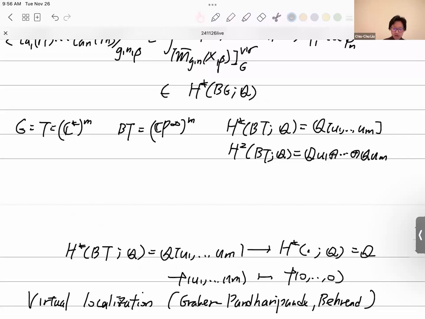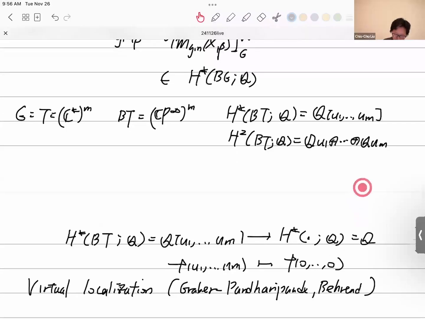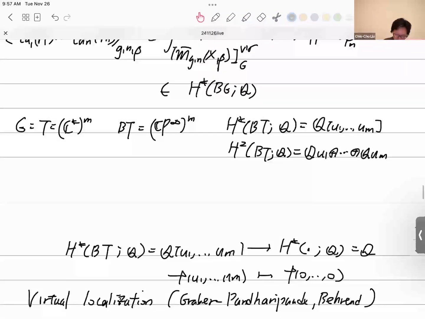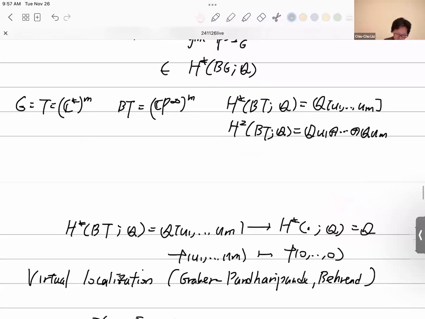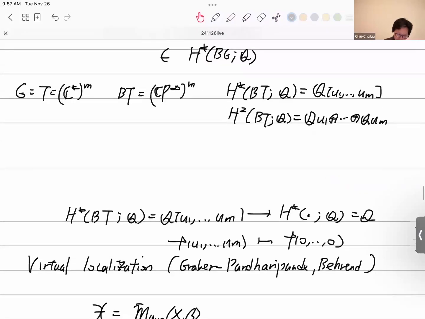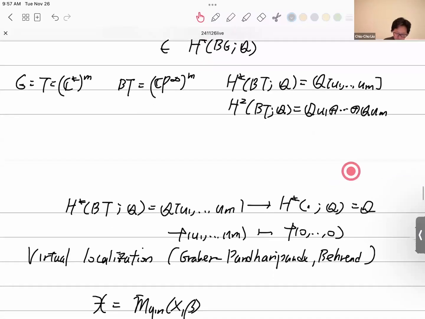So the advantage of considering the equivariant version of Gromov-Witten invariants is that it's one of the most important tools to compute Gromov-Witten invariants.